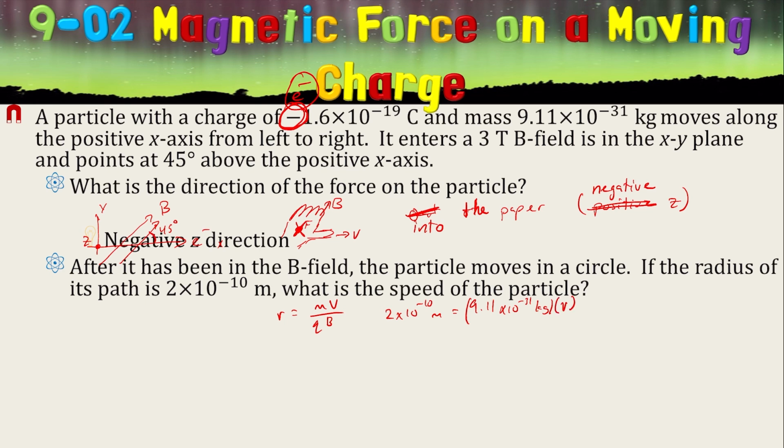We are looking for the V, and I know the Q and the B. So let's multiply both sides by the denominator.